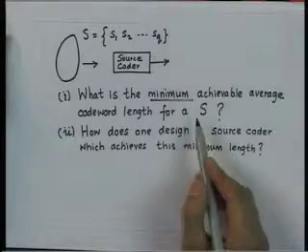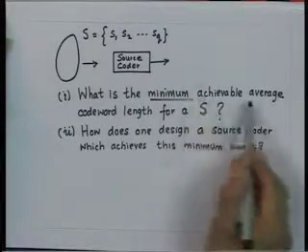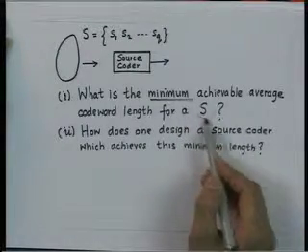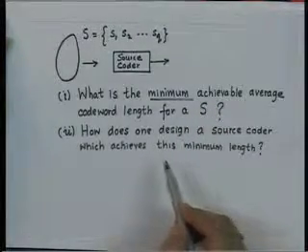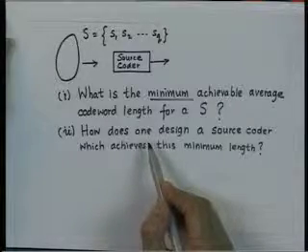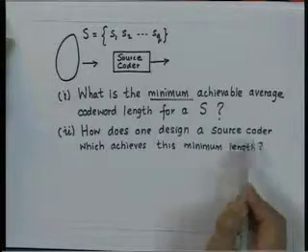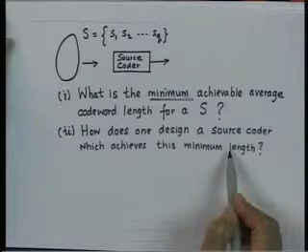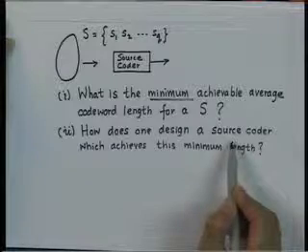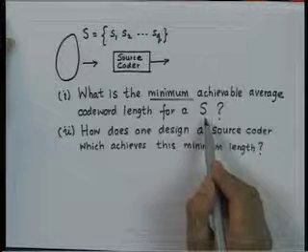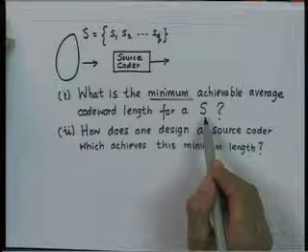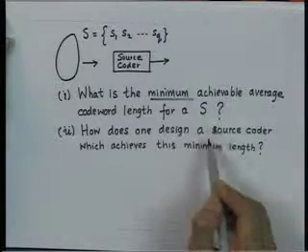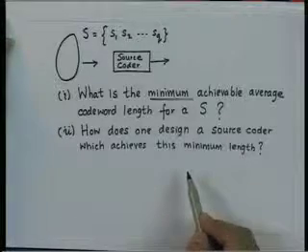Now, we will see that the minimum achievable average code word length for a source S will be related to the entropy of the source S, and it is very difficult to design a source coder which achieves this minimum length. It may not be possible for us to design an optimum source coder for all the types of sources. Only when the source satisfies some particular constraint will it be possible for us to design an optimum source coder.